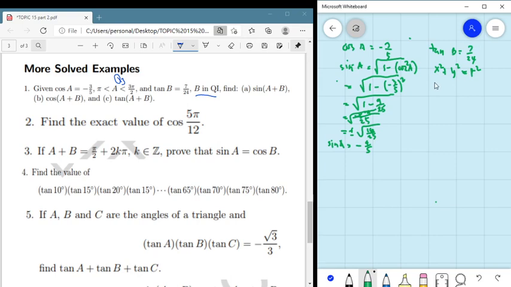So your x there is 24 squared plus 7 squared.